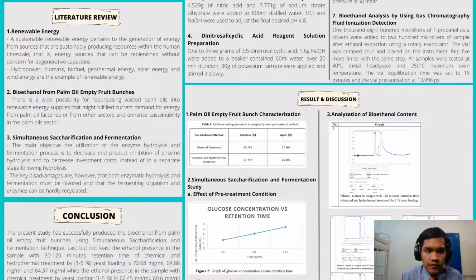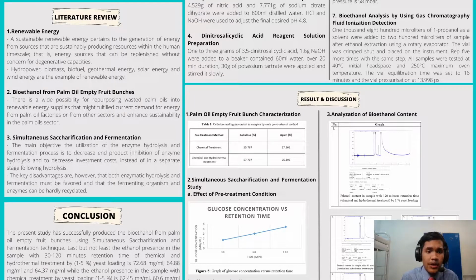For the literature review, firstly is renewable energy. Sustainable renewable energy pertains to the generation of energy from sources that are sustainably producing resources within the human time scale. That is, energy resources that can be replenished without concern for degenerative capacities.